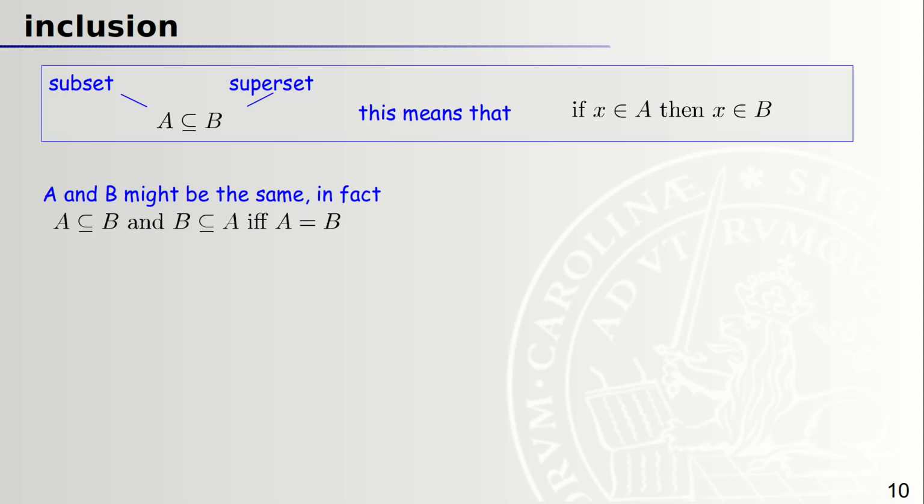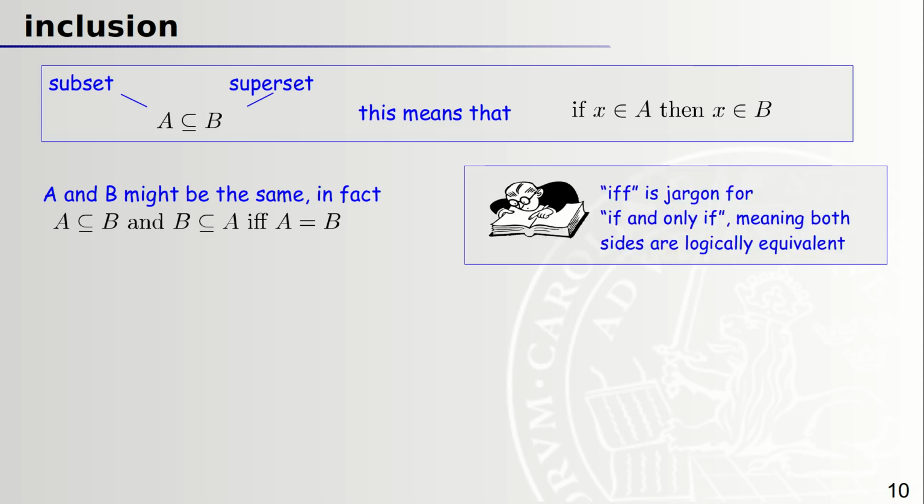In fact, if A and B are the same set, if they're equal, then they are subsets of each other. Incidentally, the "iff" with the two F's, that's not a typo, it's math speak for saying something like "exactly when," or "if and only if."